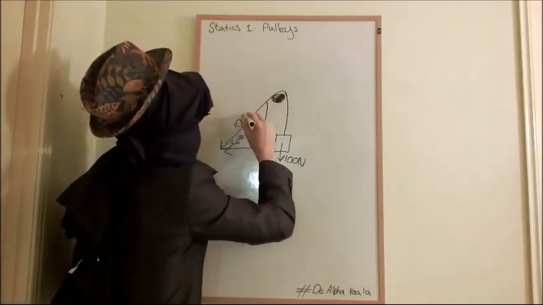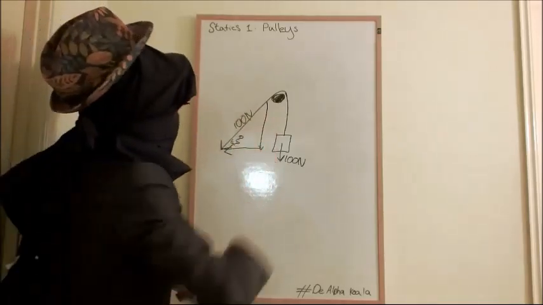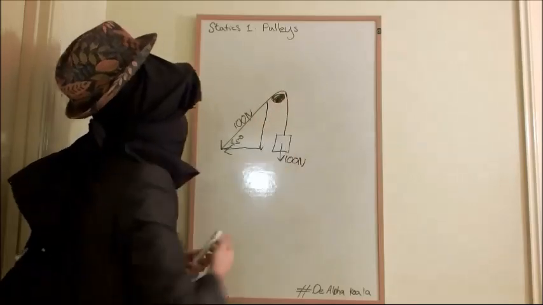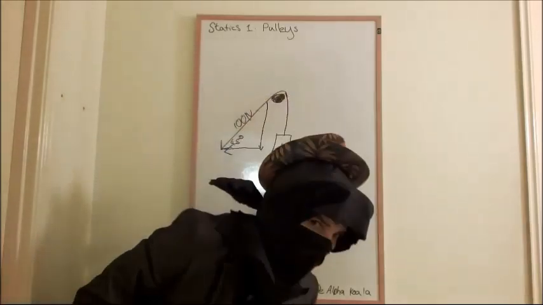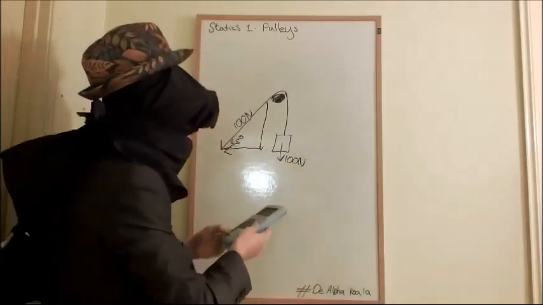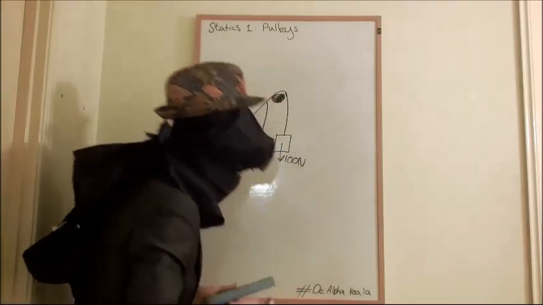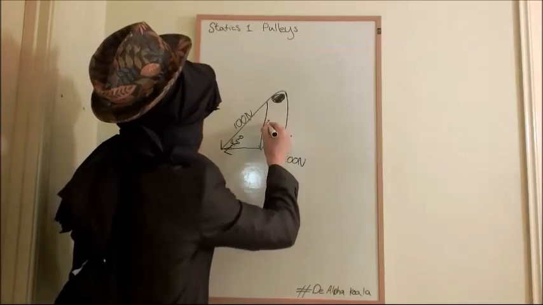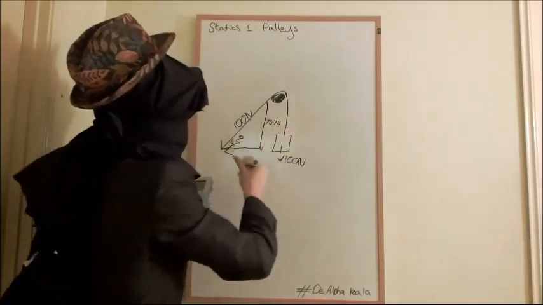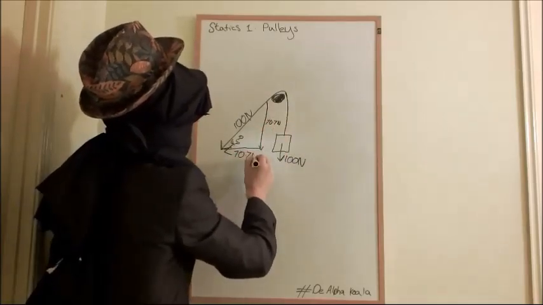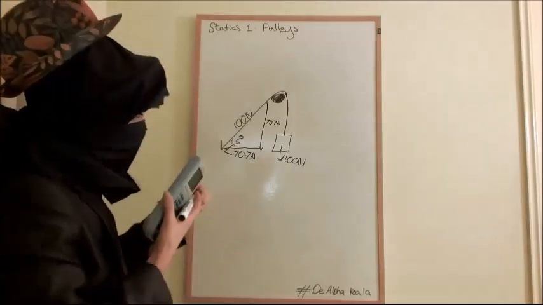That's going to be 100 newtons, as we proved before. If we put that into our calculator, we get 100 times sine 45 to get the opposite, which is going to be 70.7 newtons going down, and 70.7 newtons in the adjacent direction.